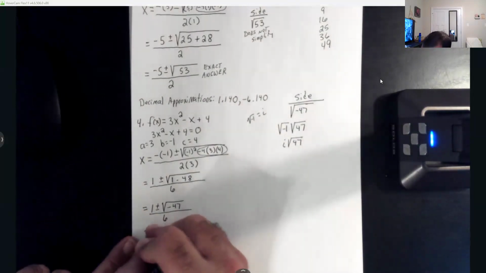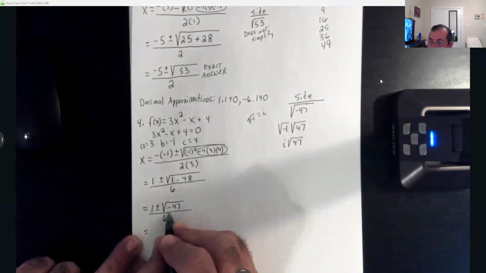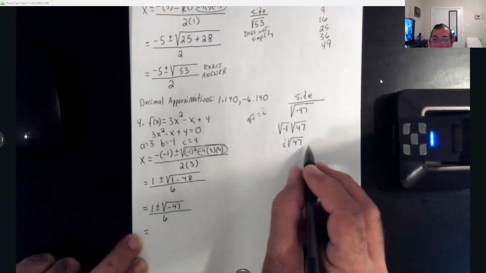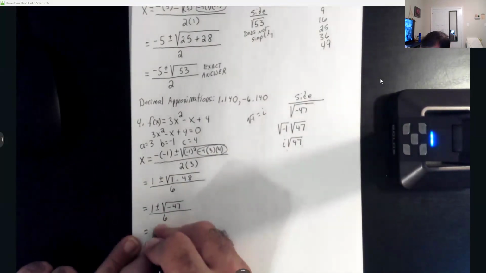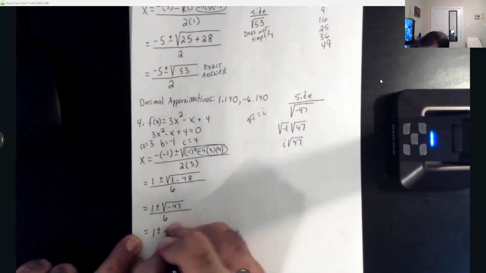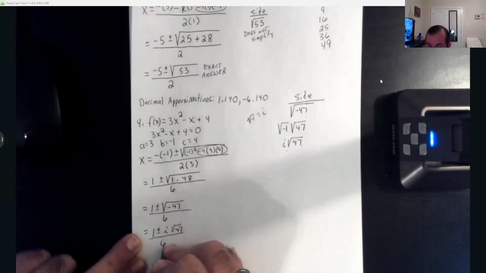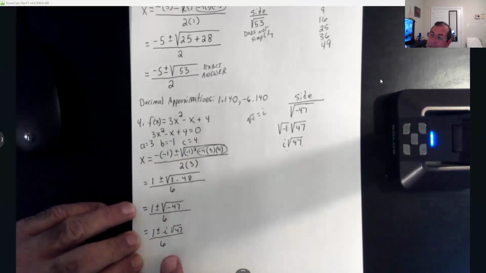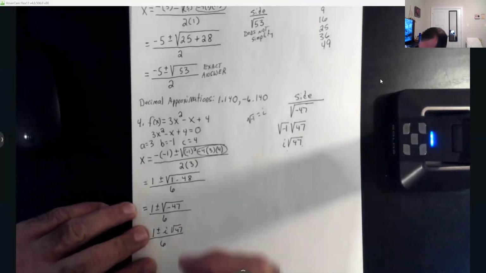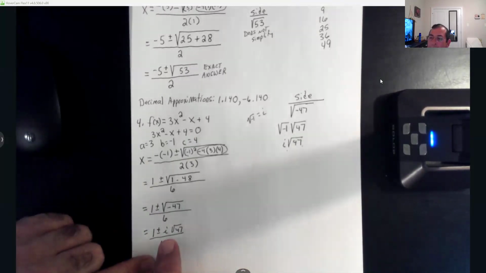So y'all, we're going to replace this square root of -47 with the I square root of 47 all over 6. Now, y'all, here's the thing about this answer. This is an imaginary answer because of the I.